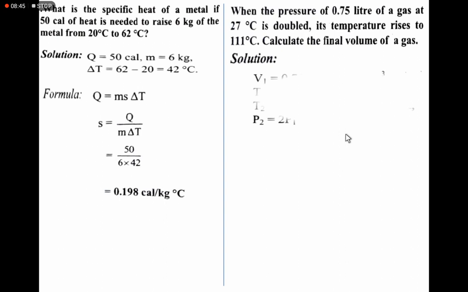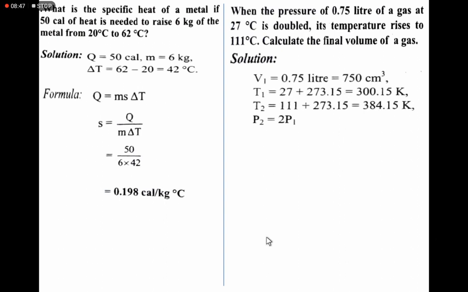Very simple problem. Given data is volume is 0.75 liters, we have to convert into centimeter cube. So multiply by 1000, then T1 is equal to 27 plus 273, means we have to convert it into kelvins.